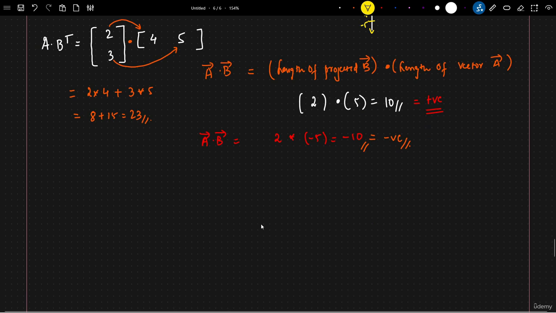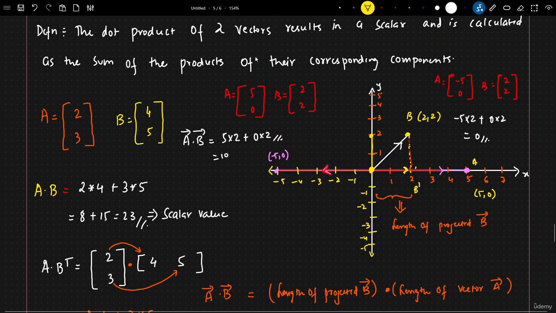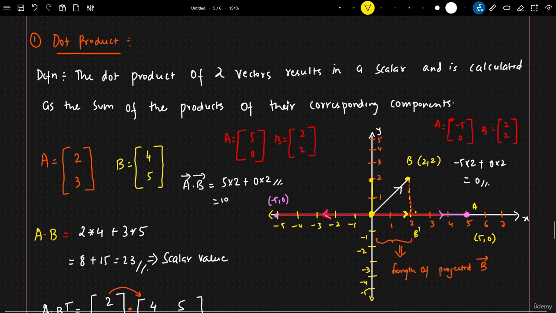So in this particular scenario, if I do a dot product of A and B, it will be exactly 0. This happens when we project the vector to the origin, because there will be no displacement, right? So these are the 3 scenarios that you can consider with respect to the dot product.